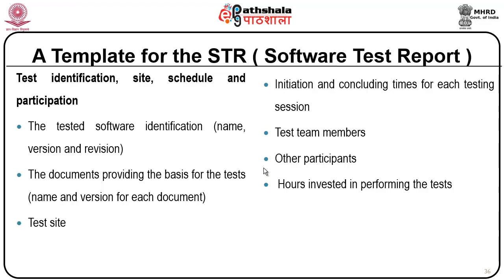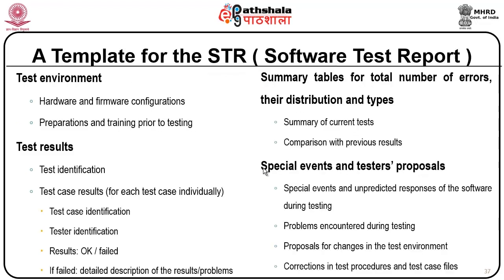Test identification, site, schedule and participation. The tested software identification, name, version and revision, the documents providing the basis for the test, name and version for each document, test site, initiation and concluding times for each testing session, test team members, other participants, hours invested in performing the test, test environment, hardware and firmware configurations, preparations and training prior to testing.